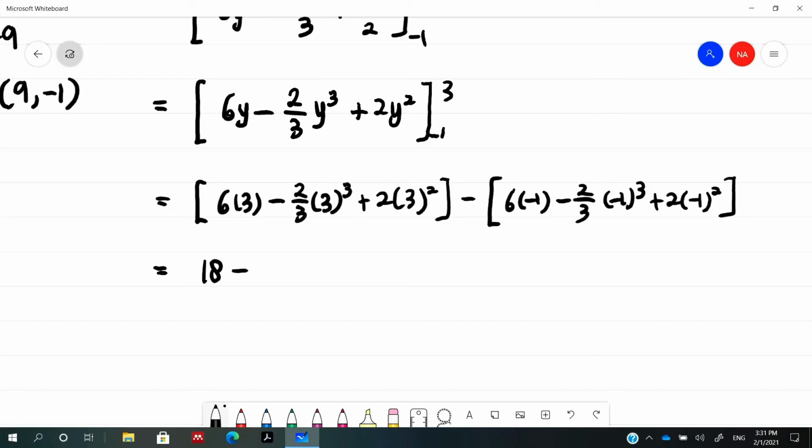We should subtract the one that is at the back there, negative 6 plus 2 over 3 plus 2, so that one should be negative 10 over 3. All right, so when we calculate this, we have 18 plus 10 over 3, so we have 64 over 3 as the answer, right? 64 over 3 units squared.